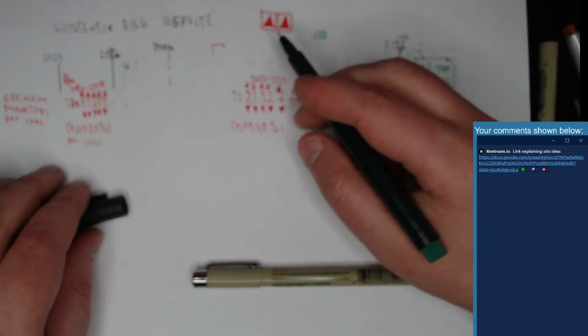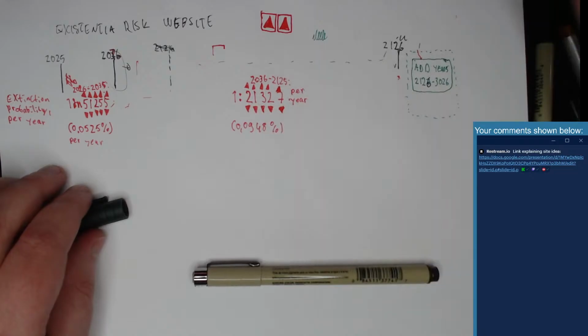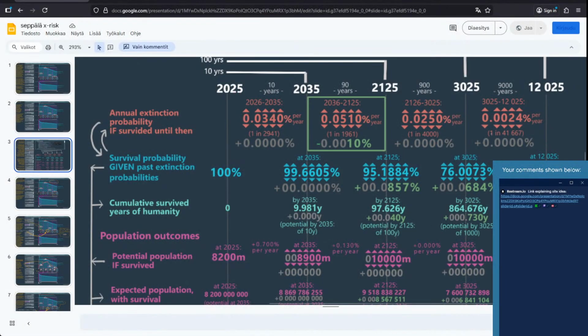There are two main variables that we still need to have here. It's the survival probability, which follows from these extinction probabilities, and actually this one. Oh, yeah, I don't think I need this.